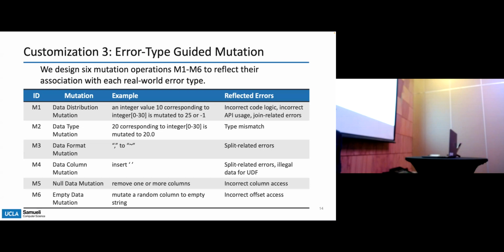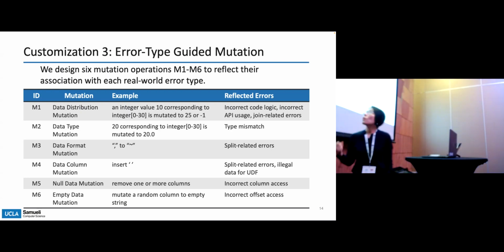Then the third part is a lot of somewhat manual insight, but translated into automation. We know as a community now that coming up with a good mutator makes it work very well in a specialized domain. So me and my students looked into some of the common error types in the big data analytics domain using Stack Overflow, and then lifted them into common transformations that are likely to trigger many different known types of errors.